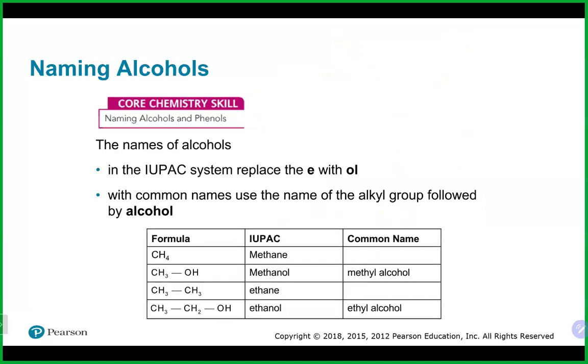So let's talk about alcohols, and we talked about naming alcohols last time. Alcohols have the functional group OH, and the name ends in OL. So we take our longest carbon chain, and it does need to have the OH group as part of that longest carbon chain.